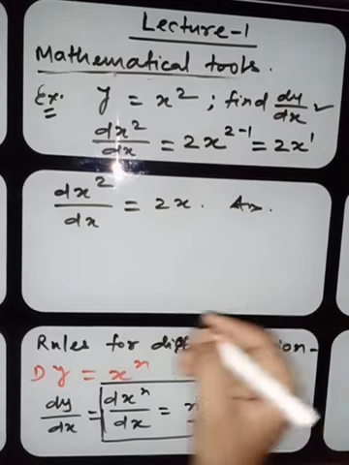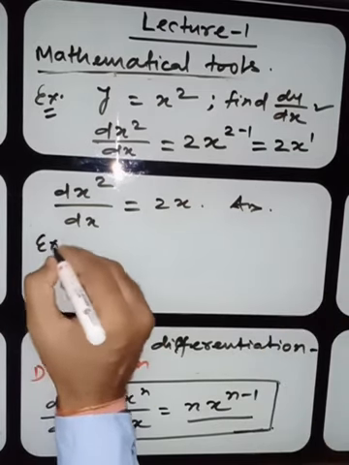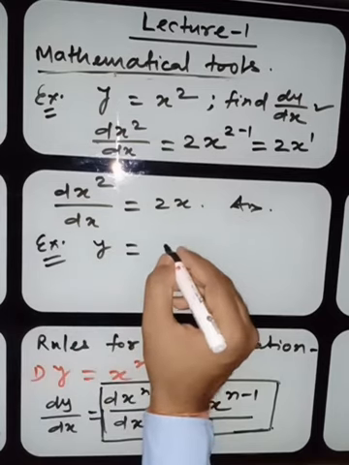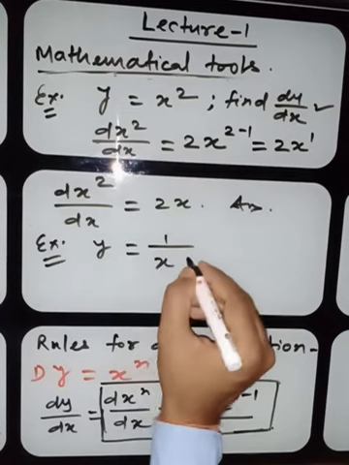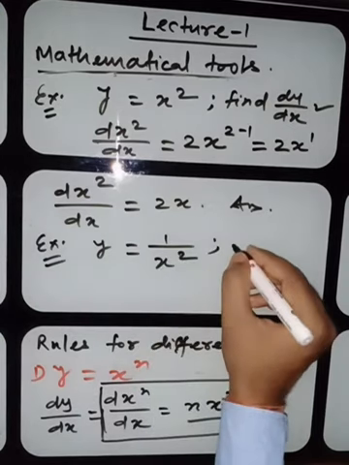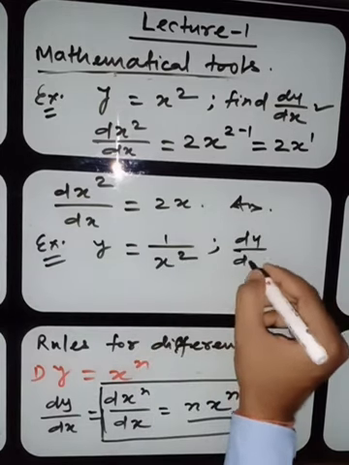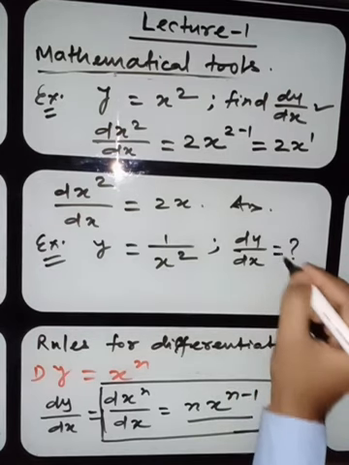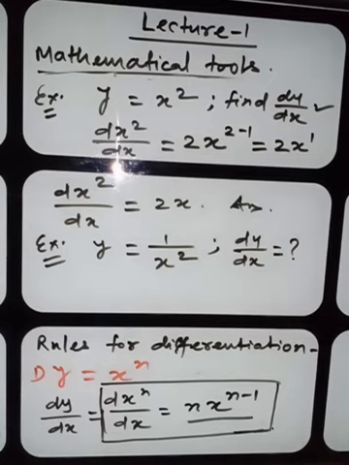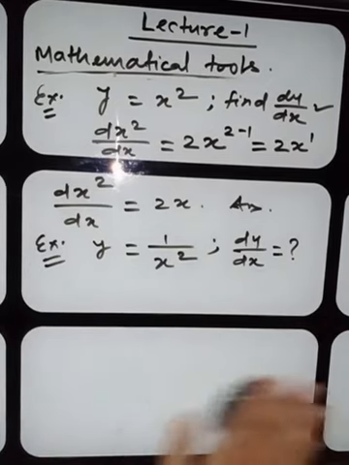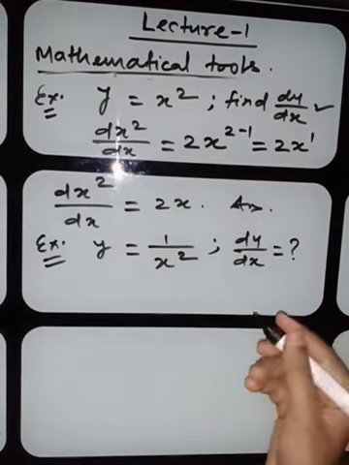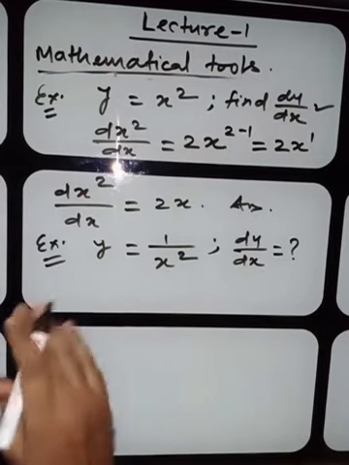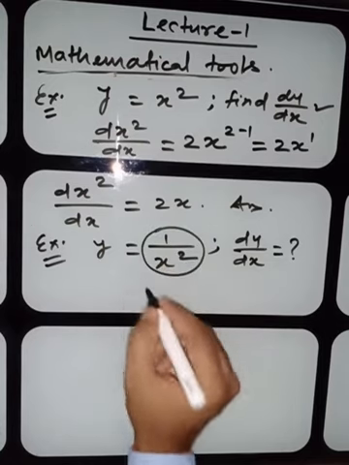Now one more example I'm giving you. If y is 1 by x square, you have to find dy by dx. Pause the video and try to solve. Now I'm solving this one. This 1 by x square, we know the formula of x to the power n.